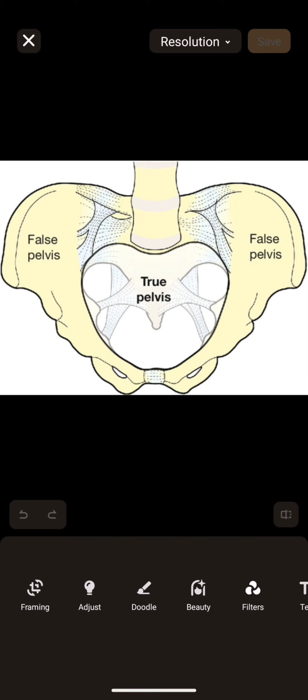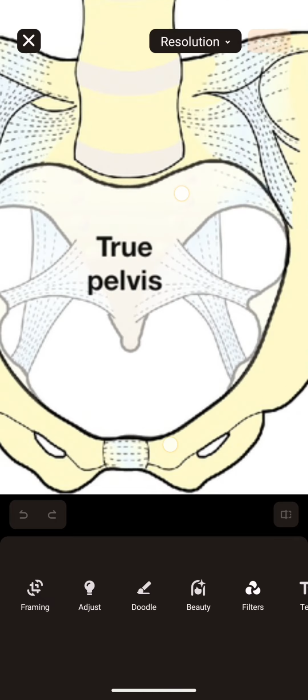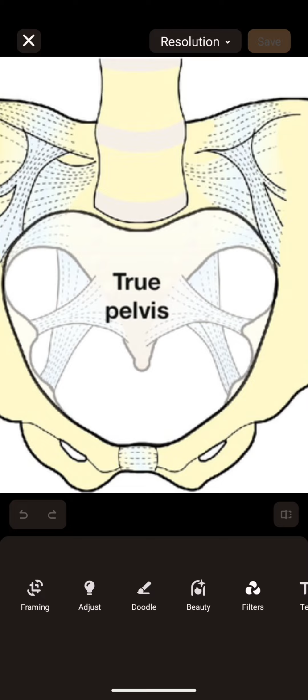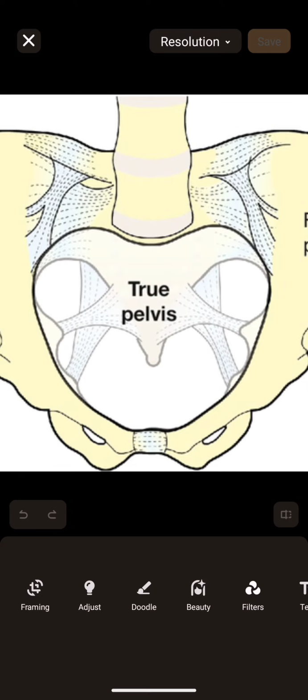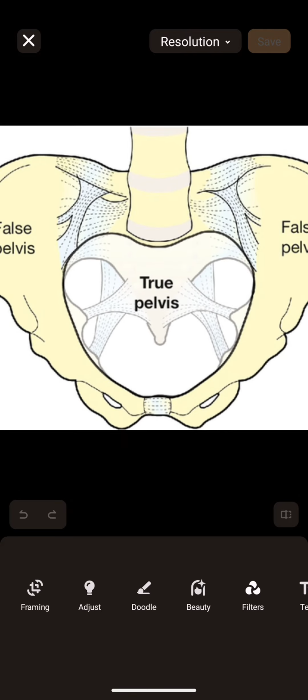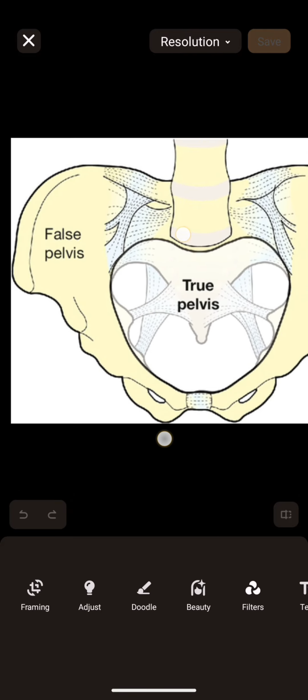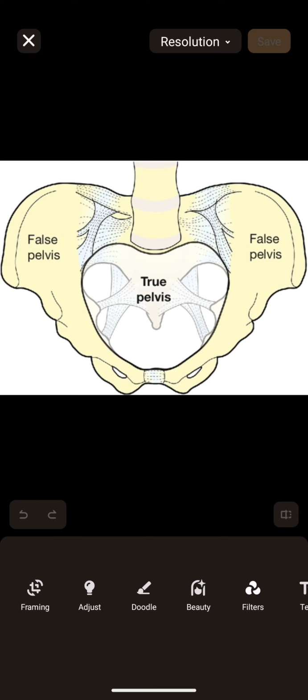Okay, next we are going to study the true pelvis. True pelvis is a bony canal through which the fetus passes during birth. There are three parts: brim, cavity, and outlet.